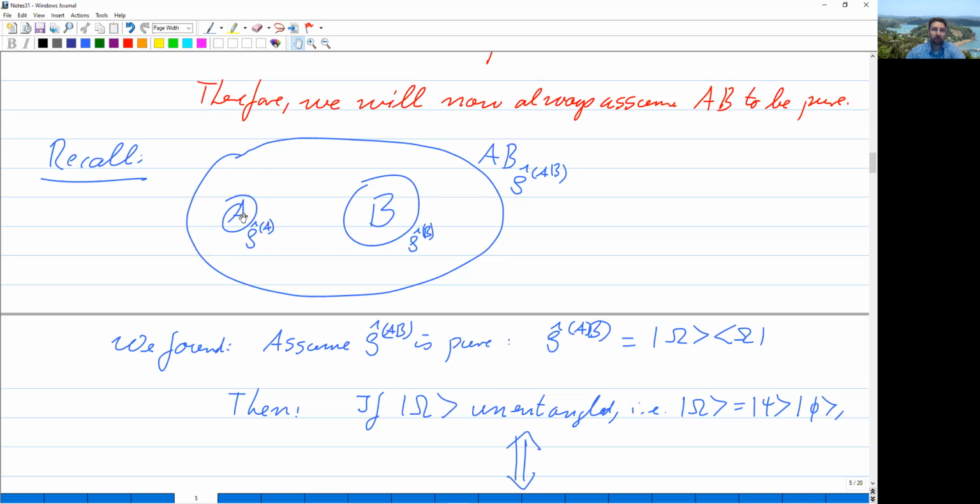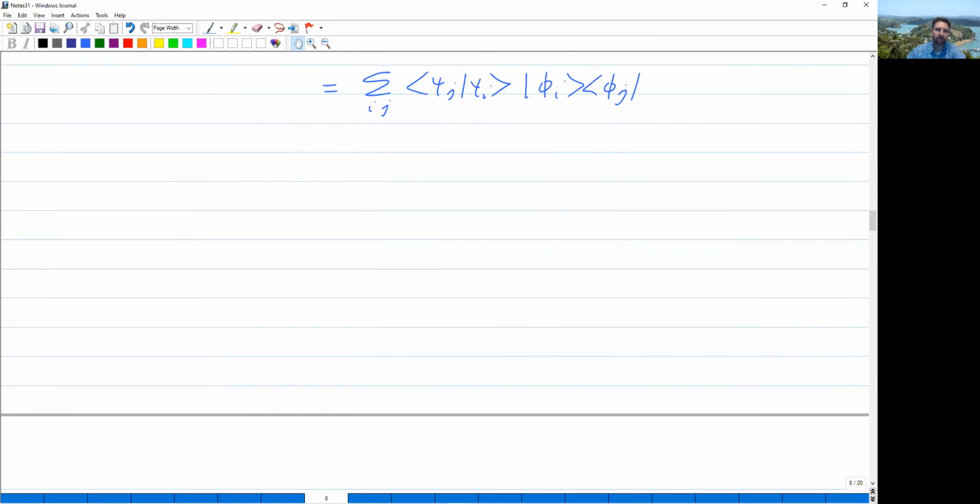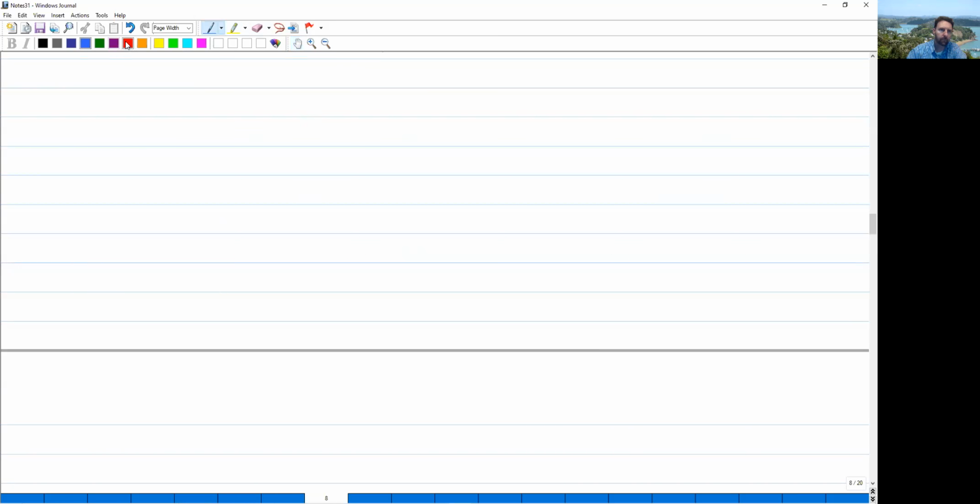If it's pure, for example, then we know it's not entangled with B. If it's mixed, it's entangled with B. The more mixed A is, the more we say that it is entangled with B. Okay, so let's do this systematically. How to quantify how much A and B are entangled.